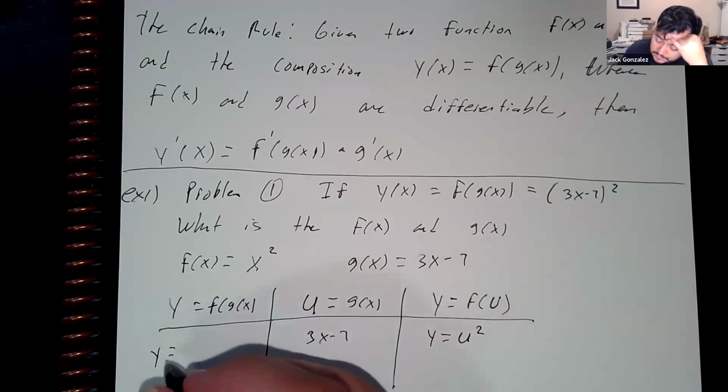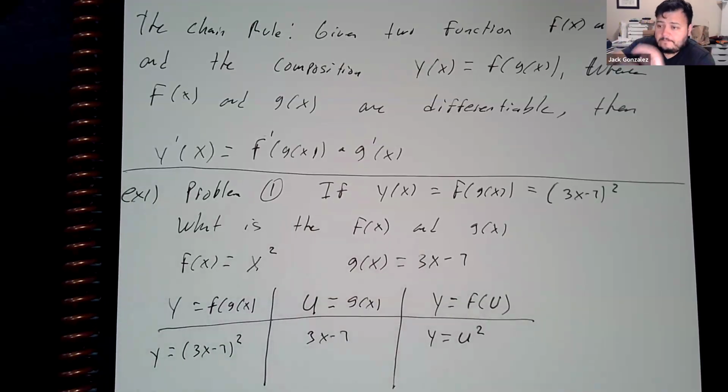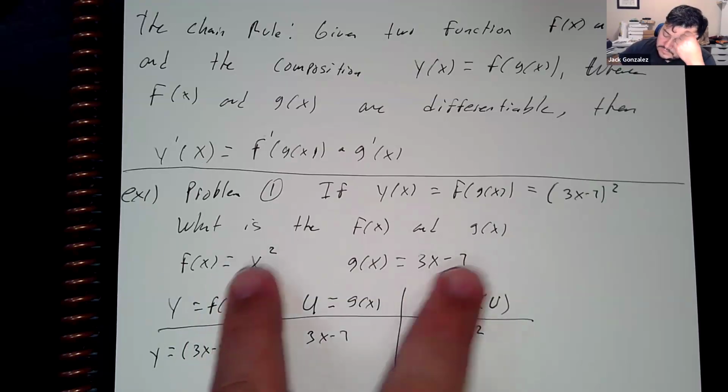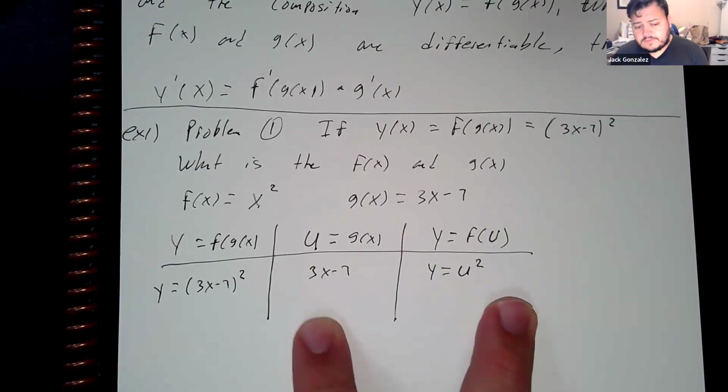So the total will be (3x minus 7) squared. Does that make sense? What they want you to identify? The way I think of it is this way, but it's the same thing how they ask you to answer it. They just use different substitutions.